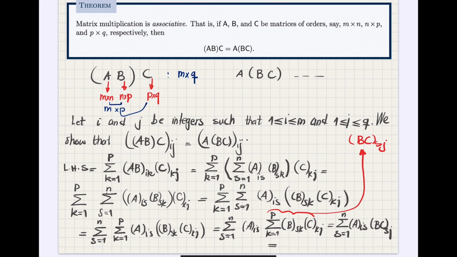So that's an appropriate combination exactly. So can you tell me what can I write? This is definitely the product of A by BC, but which entry? I and J. So finalized. So that is equal to the left hand side. My goal was to show this equality.